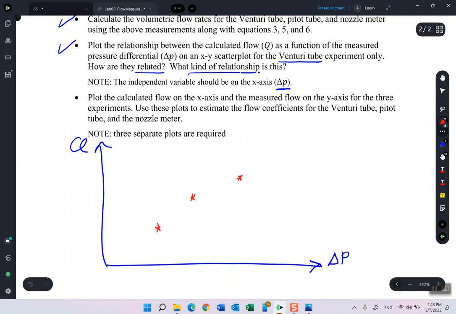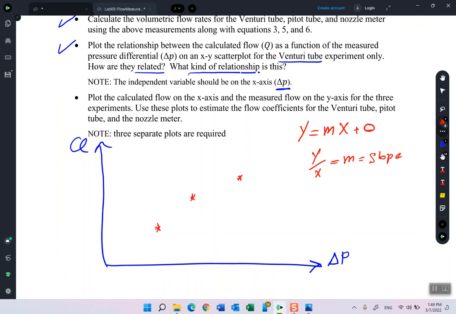I can define the linear relationship by saying y equals m, the slope, multiplied by x plus c, or maybe plus 0. If c equals 0, I can say that y over x equals m, the slope, which is constant for these two variables.